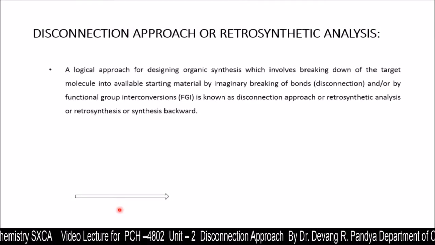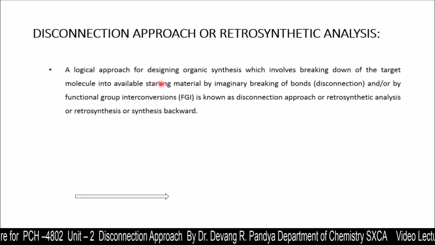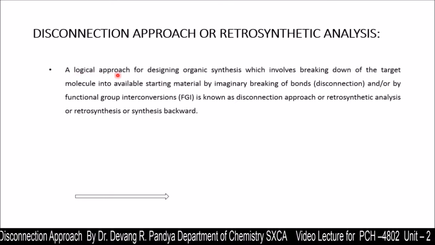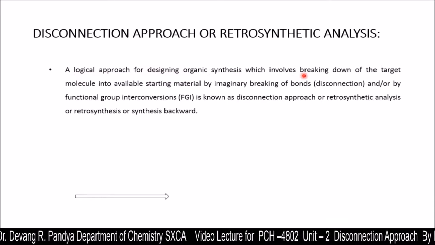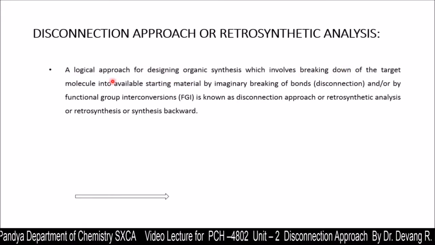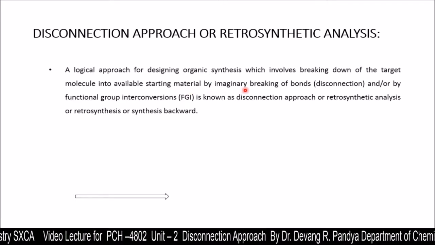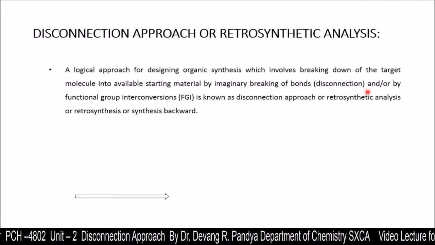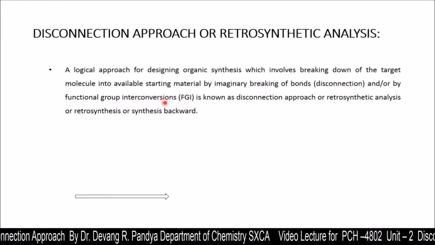And for that we need to use the disconnection approach, or we can say retrosynthetic analysis. We can define it as a logical approach for designing organic synthesis which involves breaking down the target molecule into available starting material by imaginary breaking of bonds, that is called disconnection, or by functional group interconversion.